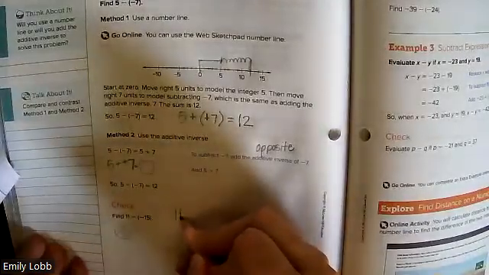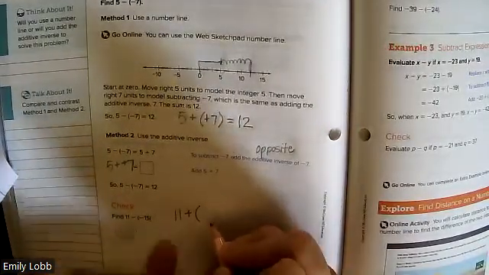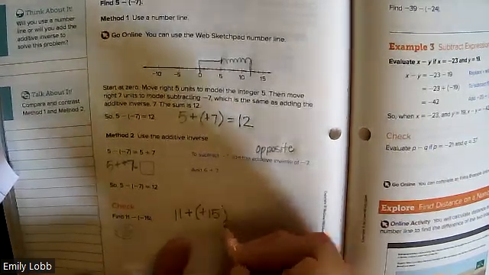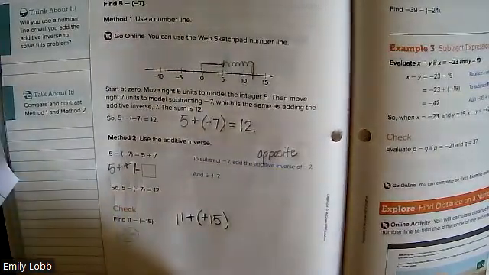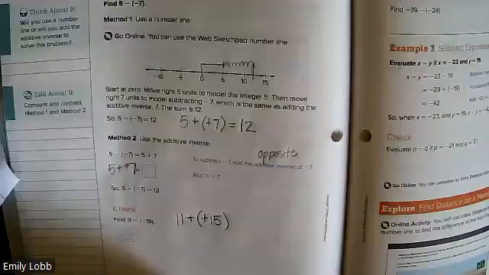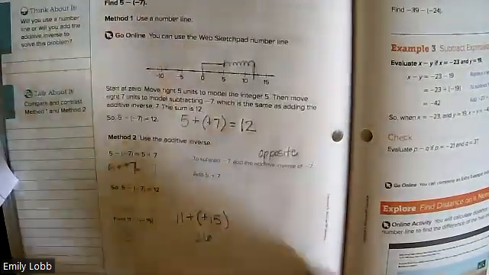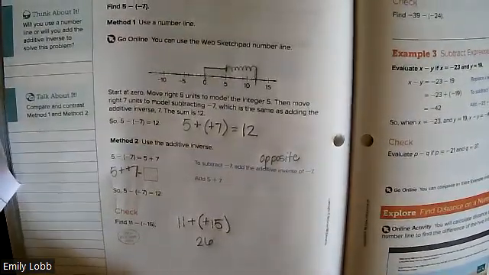We're going to take 11 and we're going to add the opposite of negative 15. What's the opposite of negative 15? Positive 15. So we're going to change before we do it, right? Now you can do this, right? What's 11 plus 15? 26. 6 1s, 2 10s. Okay?